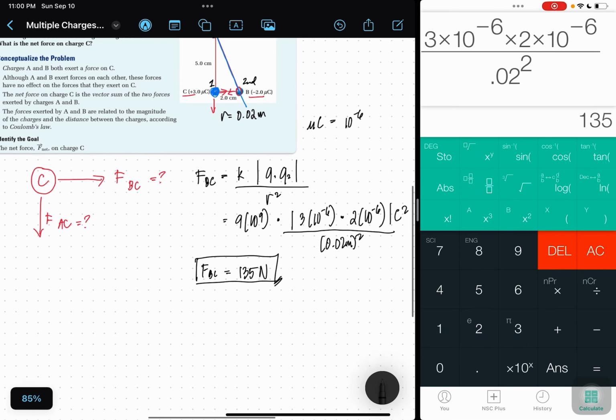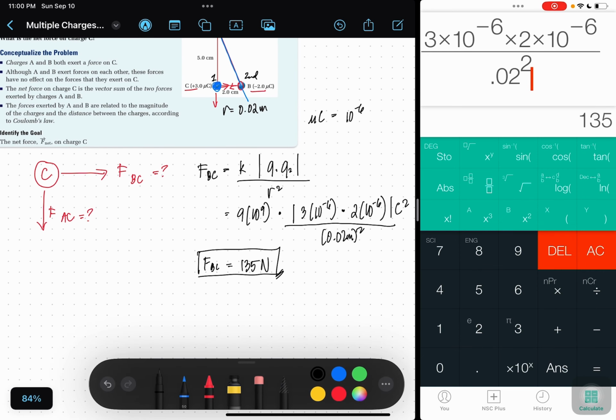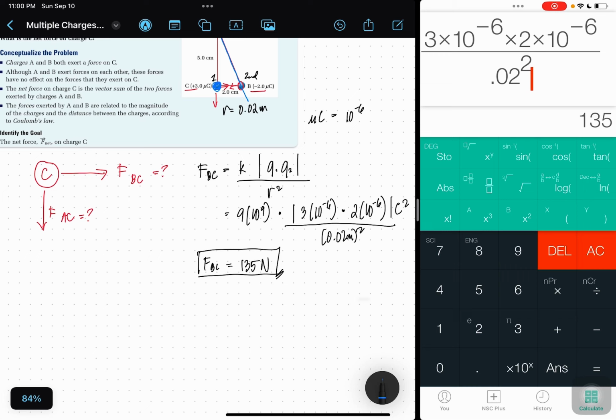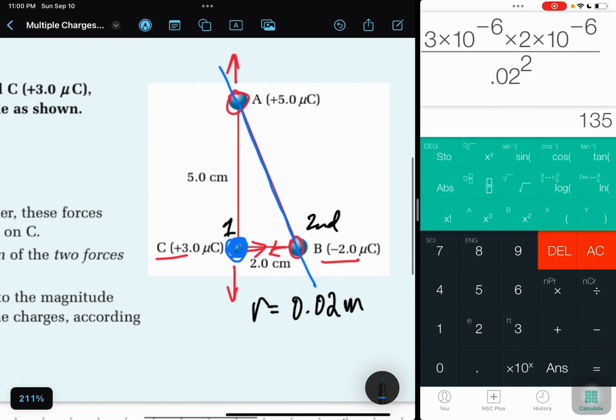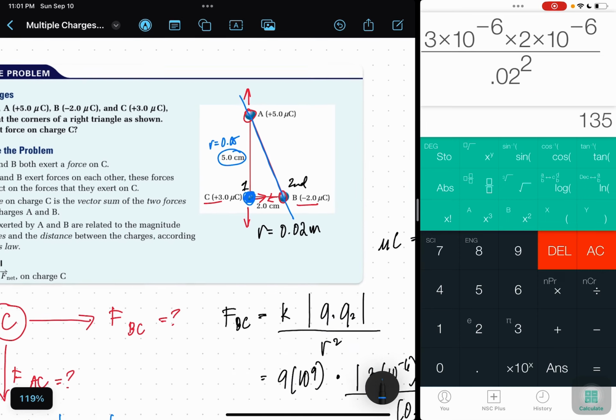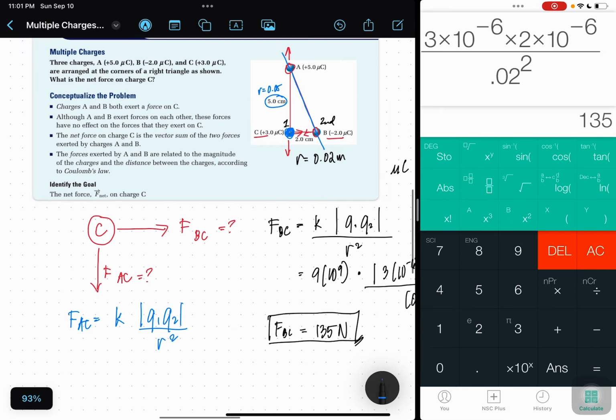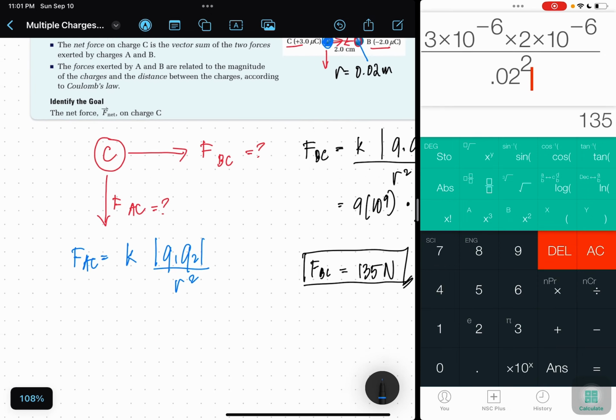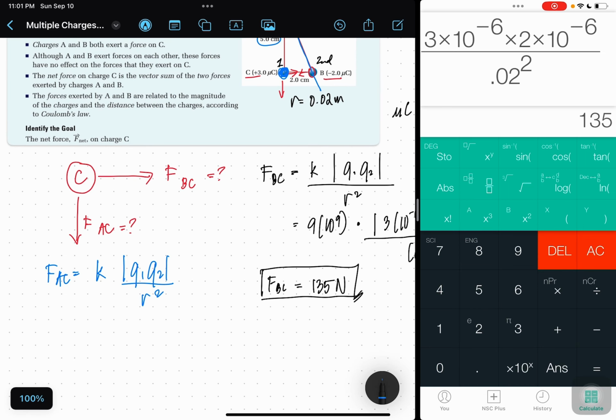Okay? Next, let's have our force AC. So force AC is equivalent to K, using our Coulomb's law, absolute value of Q1, Q2 all over r squared. So dito naman po tayo titingin. Ang nangyari lang po, meron tayong 5 cm or equivalent siya sa 0.05 meters. Then repulsion siya. So let's have our first Q, yung 3 microcoulombs.